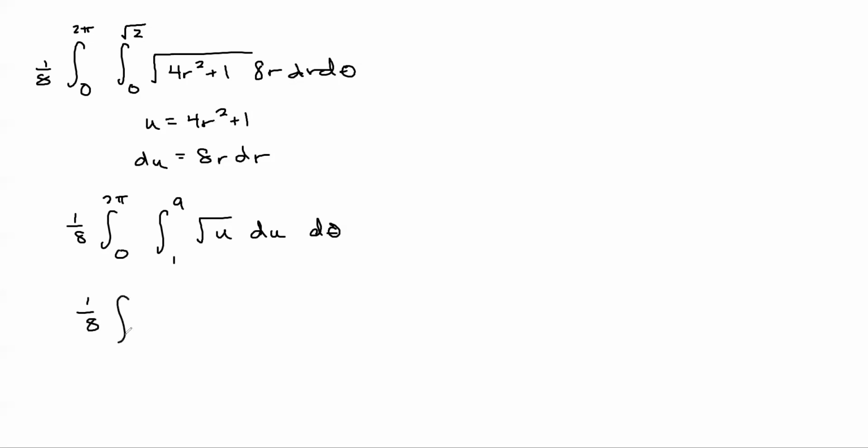Then we can integrate. This is u to the 1/2. The antiderivative of u to the 1/2 is going to be 2/3 u to the 3/2, from 1 to 9. 2/3 times 1/8 is 1/12, 0 to 2 pi.